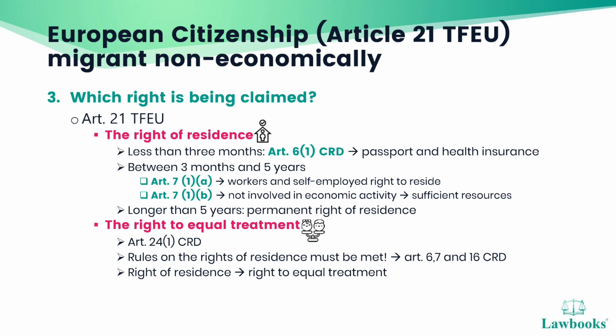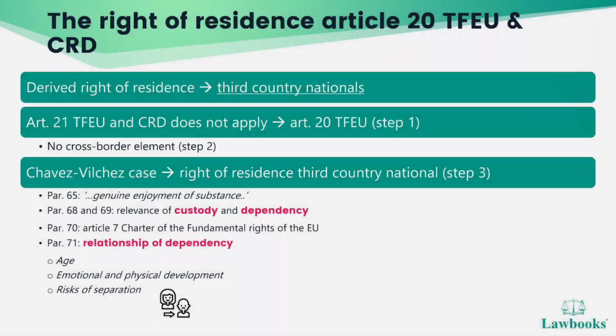We see that workers and self-employed people have the right to reside. So if you are a worker and someone is your boss, you're just working with a company, you have the right to reside based on Article 7, paragraph 1a of the CRD. But when you're not a worker and you're not self-employed, so you also don't have a company yourself, then we're looking at B, and you're not involved in an economic activity, as I stated before.